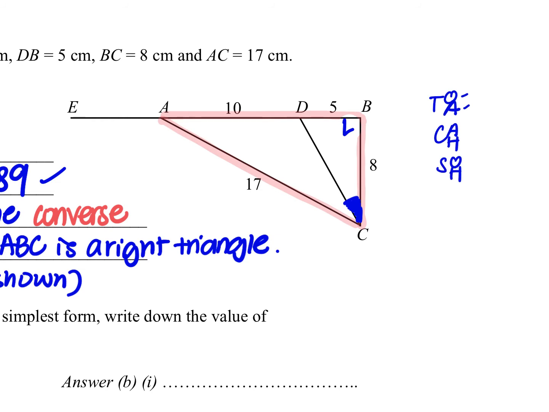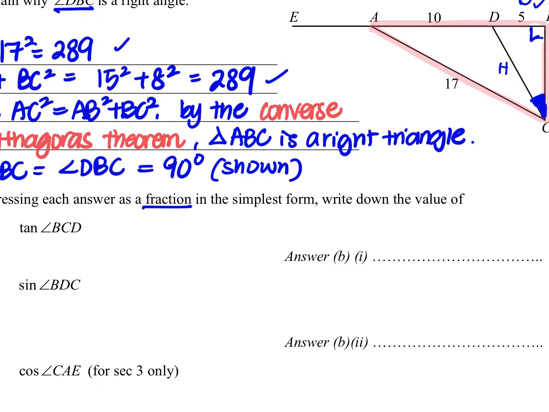Let's label the sides. So this is my angle here, DBC. The side opposite to this, that doesn't touch this, will be the side 5. Then this side over here will be my hypotenuse and this must be my adjacent. So TOA, opposite over adjacent, 5 over 8.